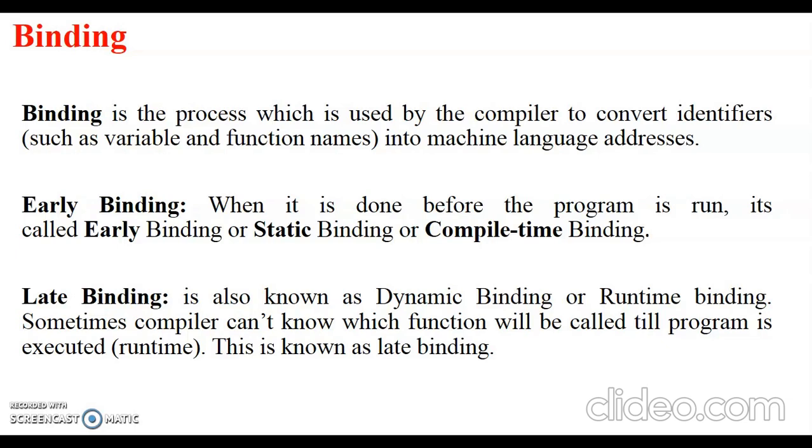If we have two functions with the same name, sometimes until we run the program, the compiler does not know which of these two functions to execute. So at runtime, when the compiler knows, it converts that function. This is known as late binding, runtime binding or dynamic binding. Why do we say dynamic? Because it is at the time of execution of your program.